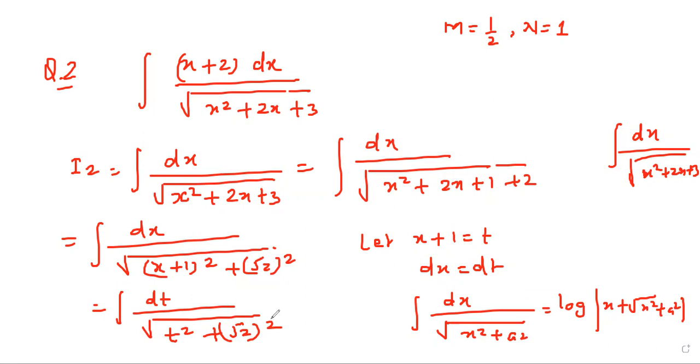So this will become log of t plus root of t square plus 2 plus c, and we put t equal to x plus 1, and then we write I1 plus I2.